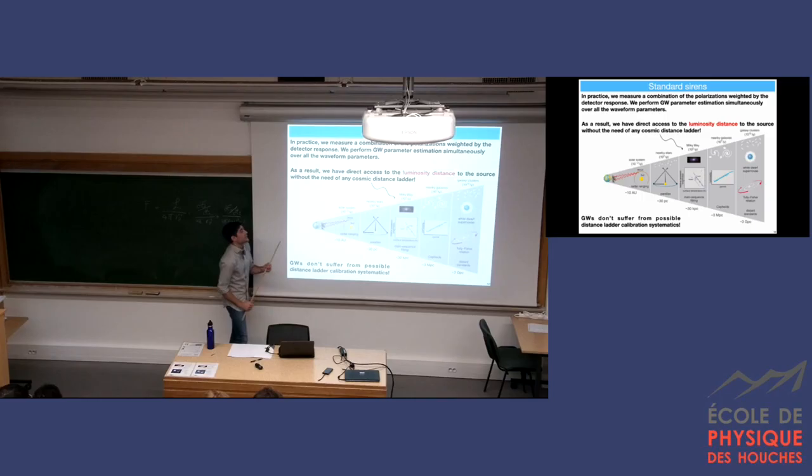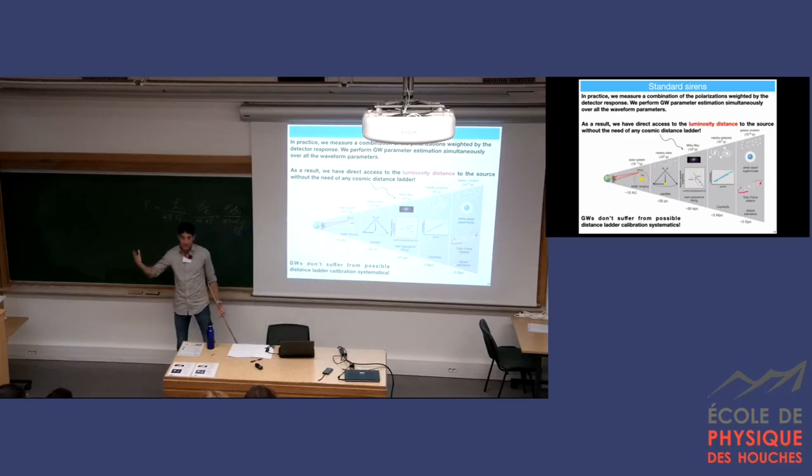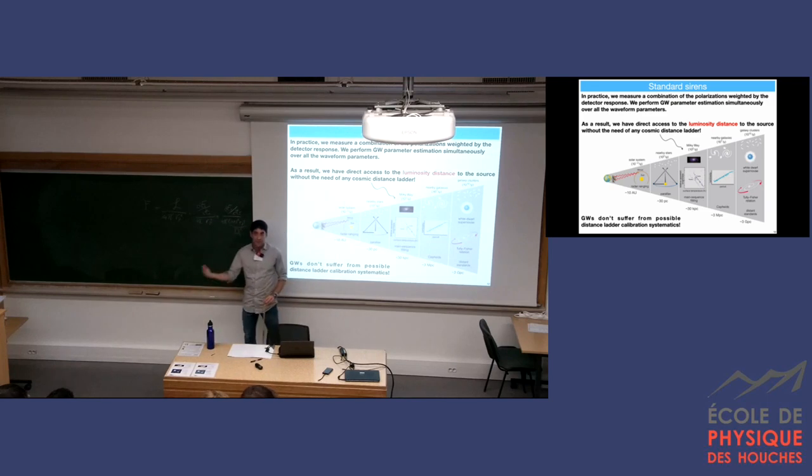Okay, so in the end, as I was just saying, what we measure is a combination of these polarizations. This was just a theoretical way to get an idea. But what we do in practice is Bayesian inference, okay? So we do parameter estimation.